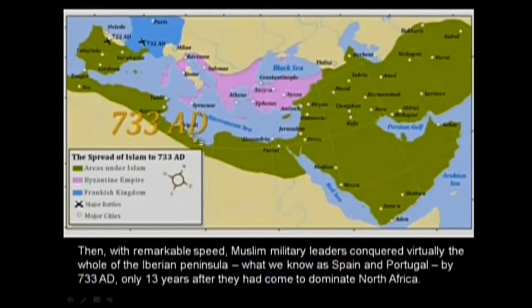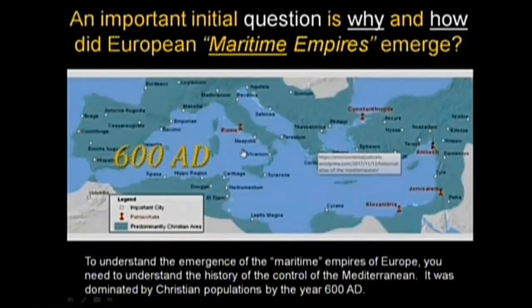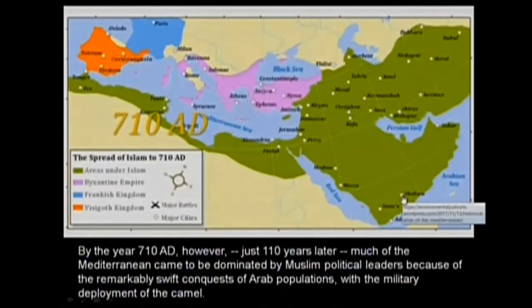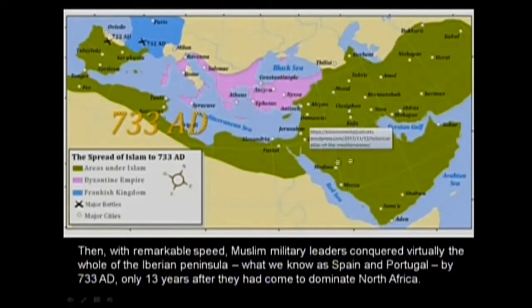Very quickly, 23 years after 710, and 710 is only 110 years after Christian dominance, and in fact encirclement, of the Mediterranean, meaning that anything that then flows and goes on the Mediterranean is subject to control of Arab ports, especially if it's going further to the east.